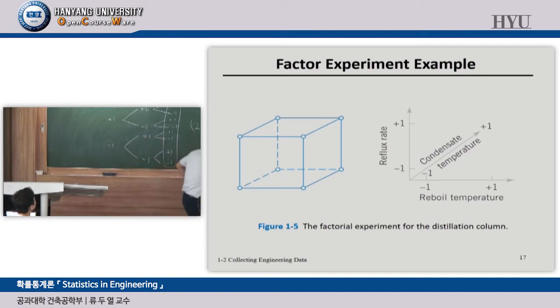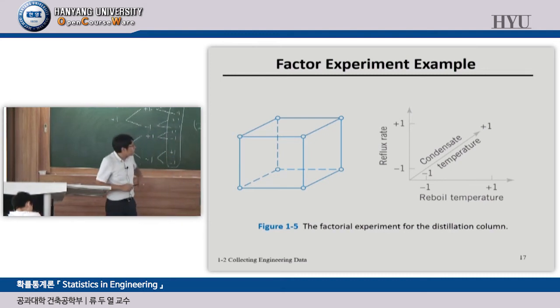For example, this corner point indicates the case with low reboiler temperature, -1 here, and the low reflux rate here, and the low condensate temperature here. And what about this point? This point indicates the case with low reboiler temperature, high reflux rate, and low condensate temperature. So this coordinate system can be simply changed to the cube, hexahedron description here.